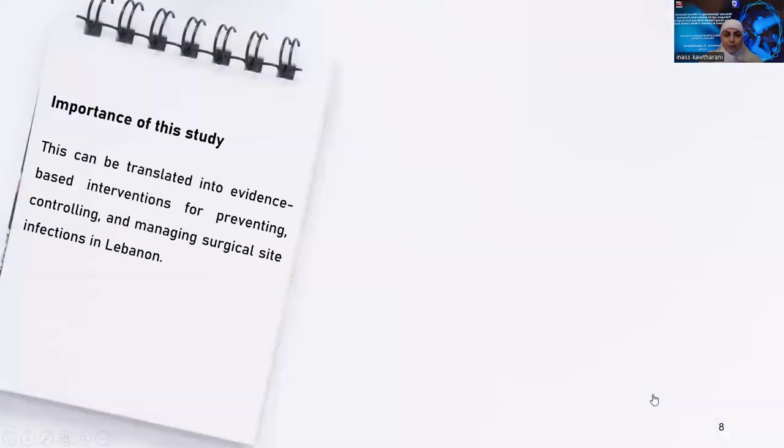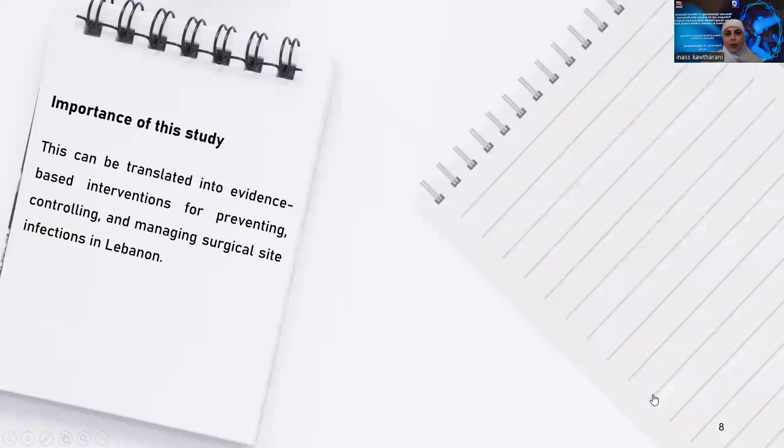All that encouraged us to conduct this study, which addresses the knowledge gap by generating evidence on surgical site infection prevalence, resistance profile, and association between different characteristics and surgical site infection occurrence, so we can guide evidence-based interventions for preventing, controlling, and better managing this infection in Lebanon.